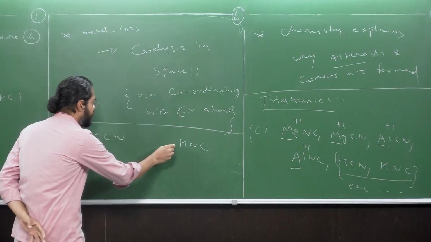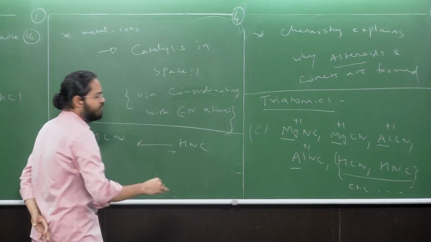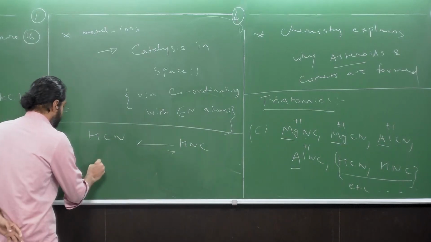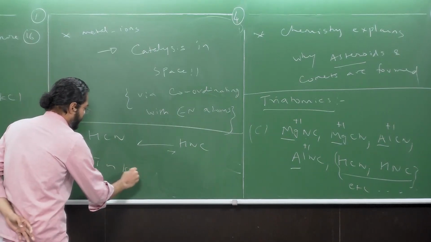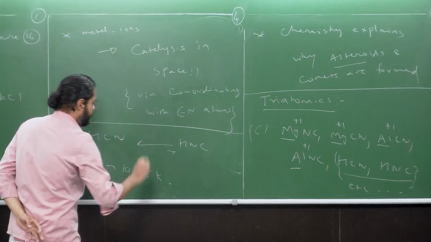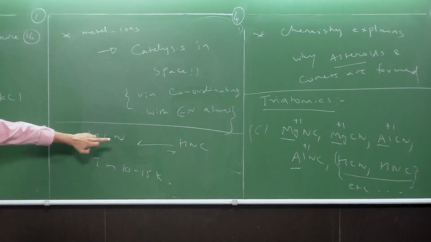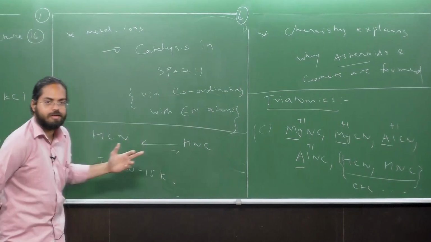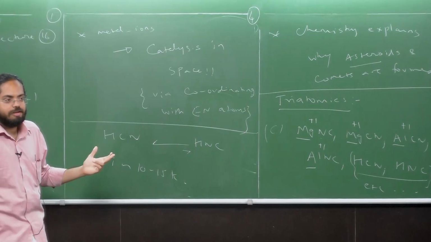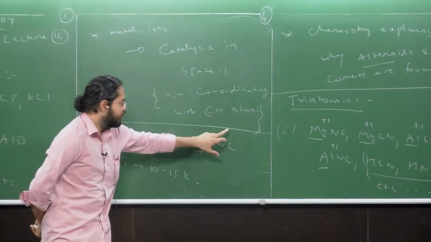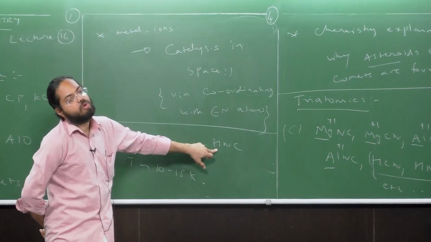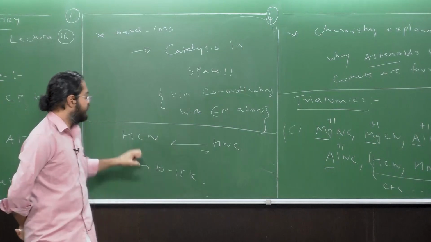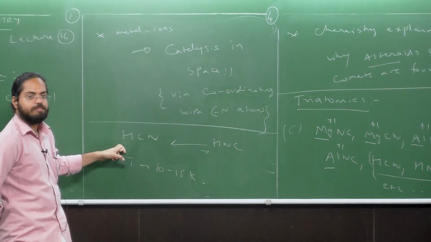it is predominantly going to lie over here at very low temperature, let's say, at T approximately 10 to 15 Kelvin. Why is that? Because this molecule is much more stable than this. Any guesses? Even though nitrogen is the more electronegative atom, it is HCN which is actually more stable.